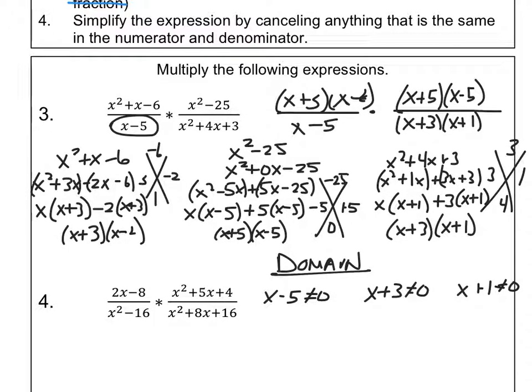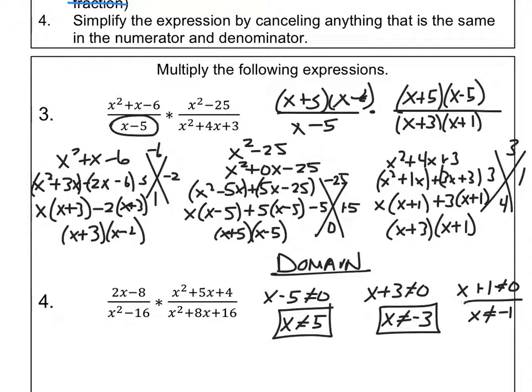And then I'm going to solve them. So here I'm going to add 5. x cannot be positive 5. Here I'm going to subtract 3, so x cannot be negative 3. And here I'm going to subtract 1, so x cannot be negative 1. Okay, so these are my domains down here.